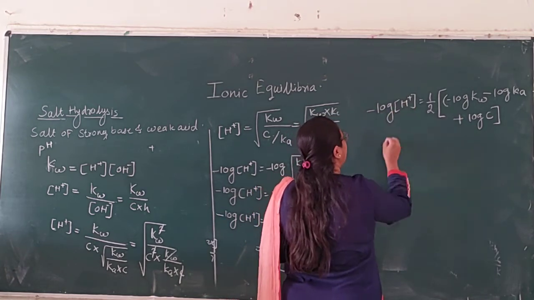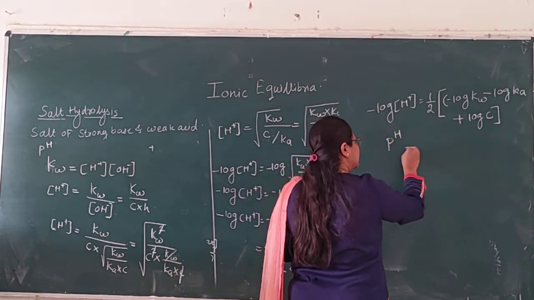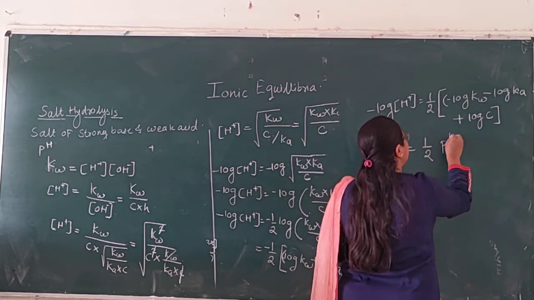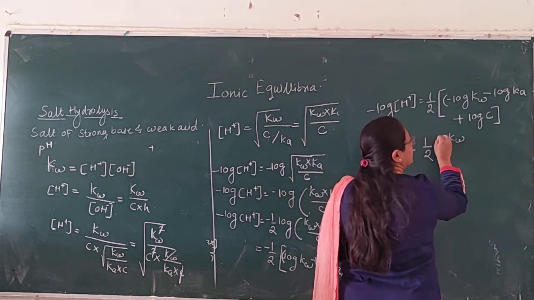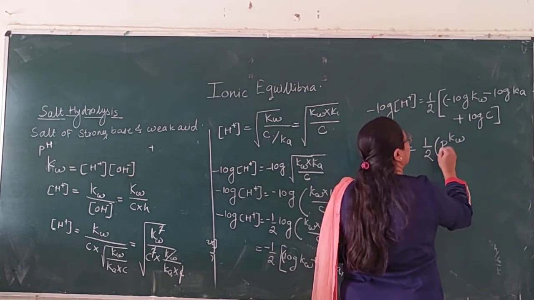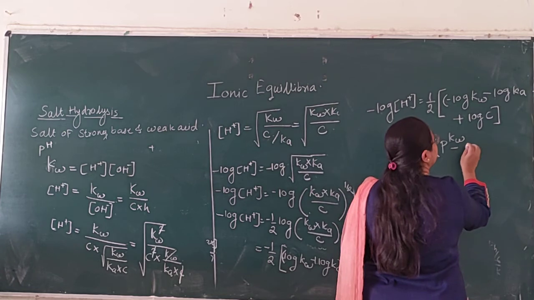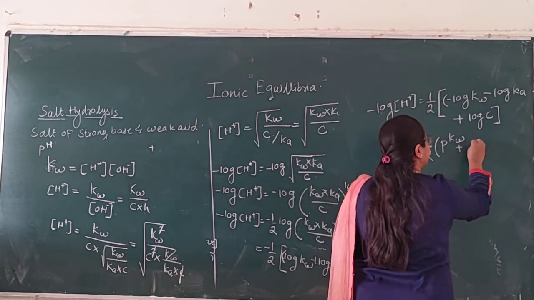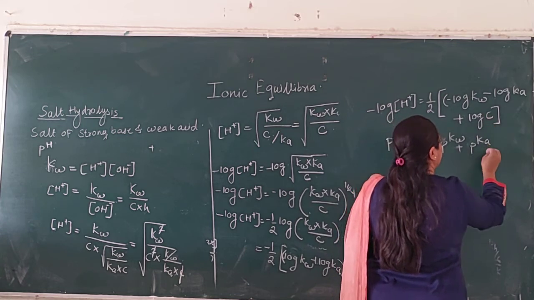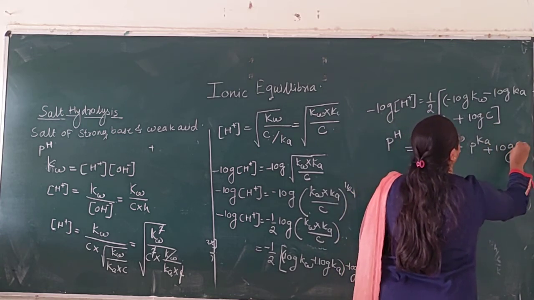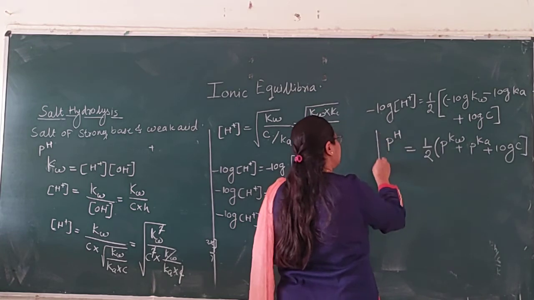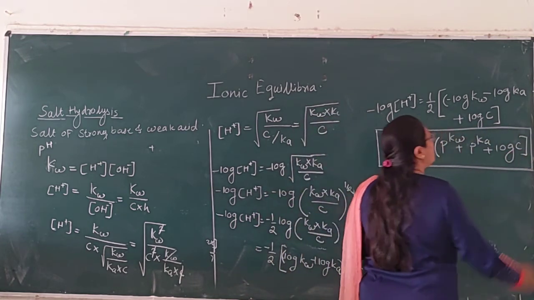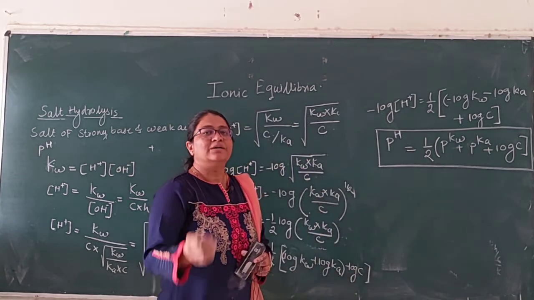So, this minus log of H plus is nothing but pH, which is equal to half of minus log of Kw, which is simply pKw, plus minus log of Ka, which is pKa, plus log C.